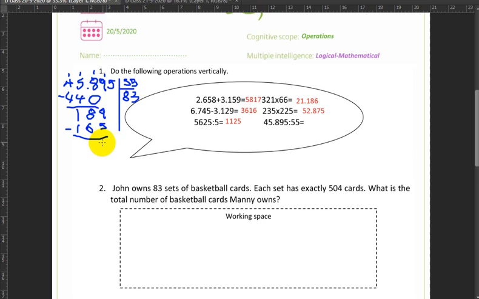This minus this is going to give us how much? 24, which is less than my divisor, so I can continue. Carry down the 5.